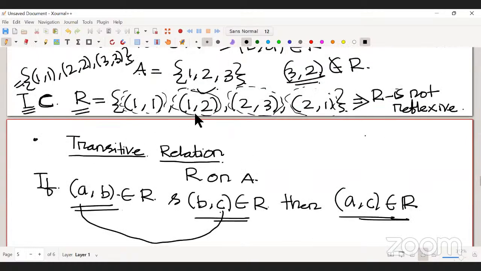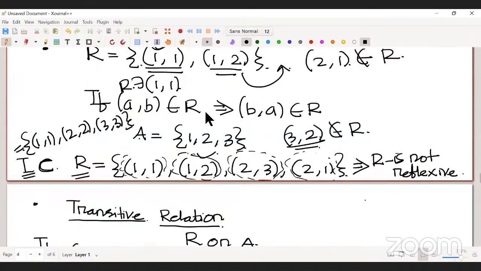So for example, take the example I have written here.